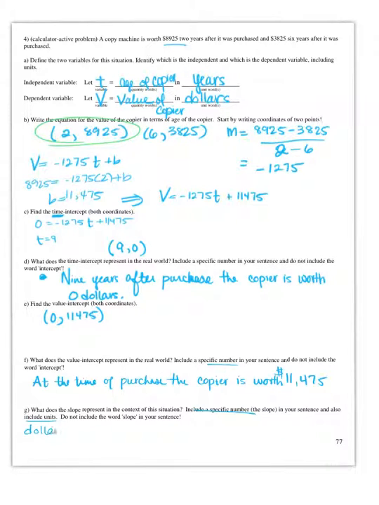So we're looking at the value of the copier decreasing by $1,275 each year. Or the copier is losing value at a rate of $1,275 per year.